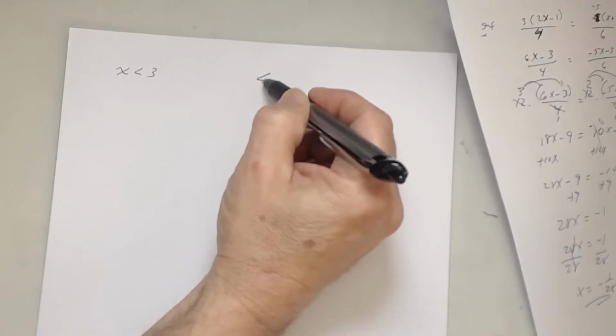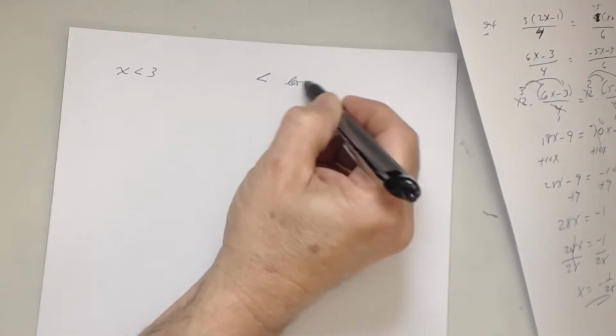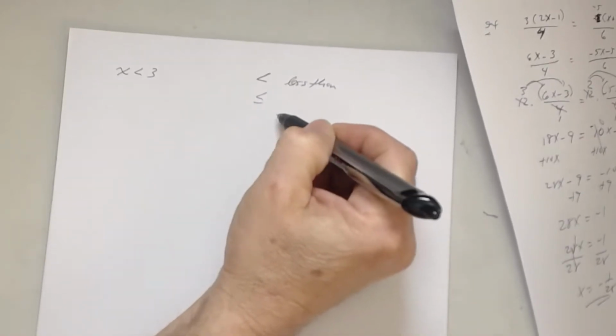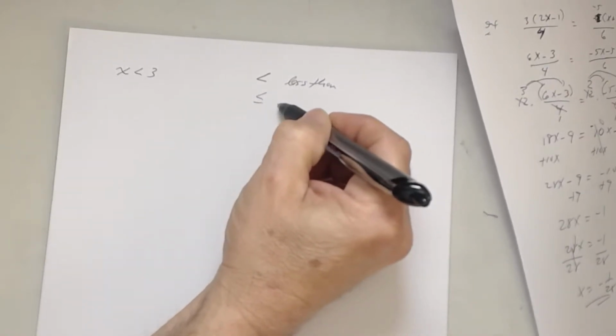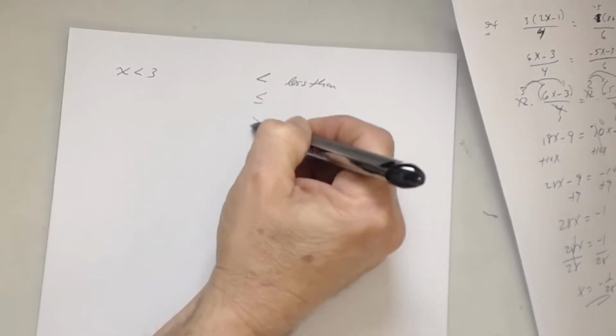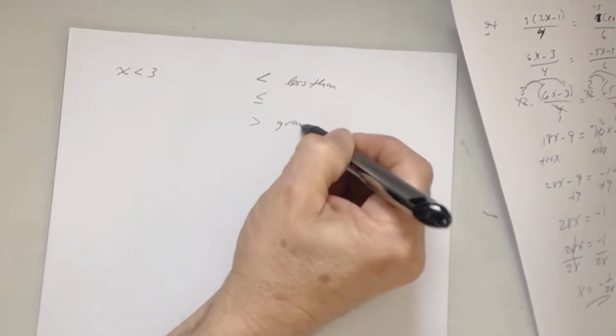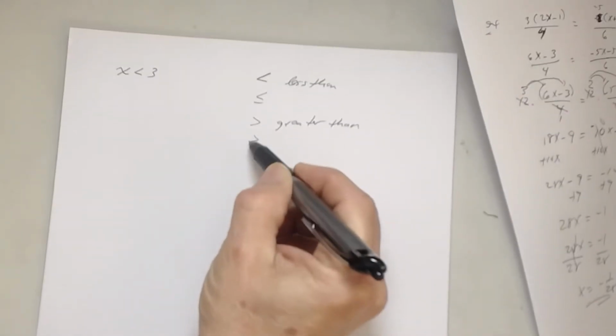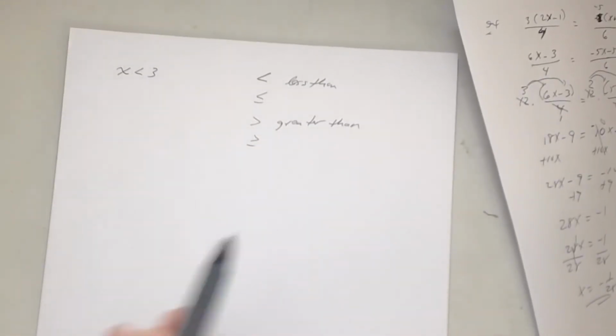This is what symbol? That's less than. This is less than or equal to, right? This is greater than. And this would be greater than or equal to.